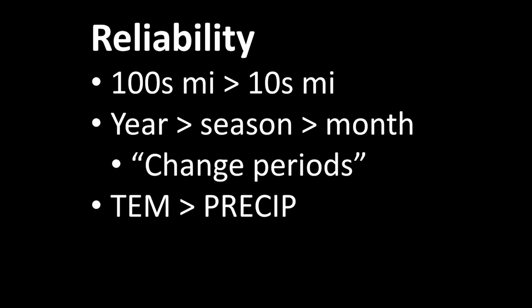And also much more reliable for temperature, which is more spatially coherent than for precipitation, which doesn't mean that we throw all the precipitation information out the window. We just have to be more careful about those estimates.